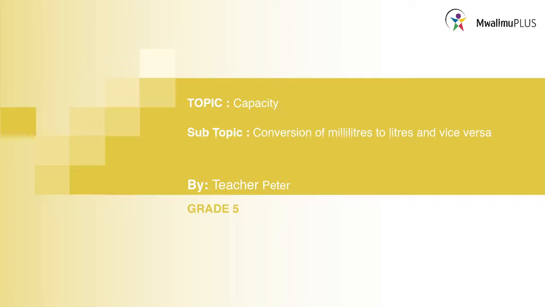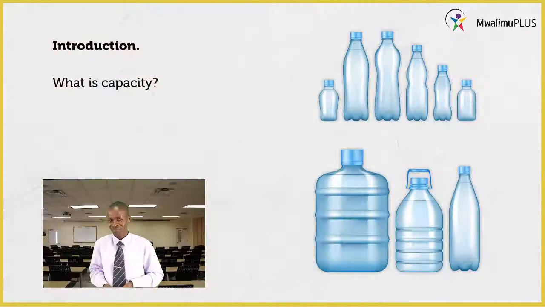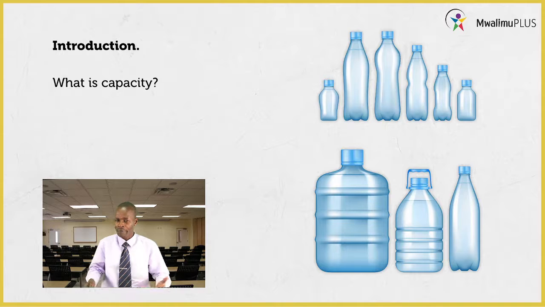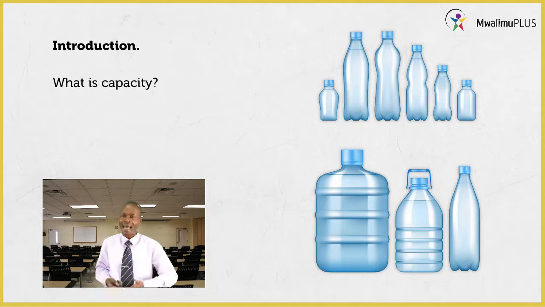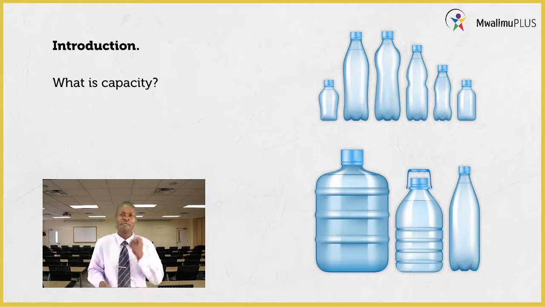So let's start by looking at the introduction. What is capacity? For us to understand capacity, we need to have containers of different sizes. I want you to look at the diagrams that we have. The first set of containers is small bottles. You can see some are smaller than others. In fact, the very first one is very small.